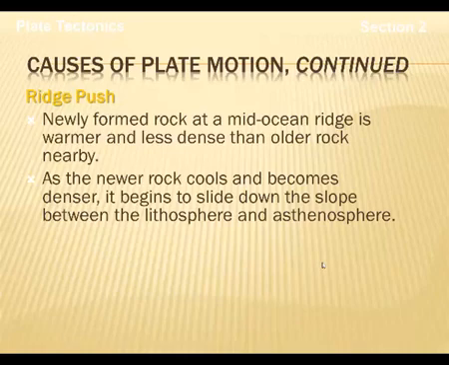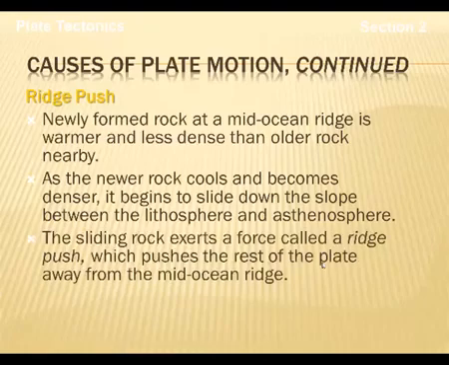And this occurs between the lithosphere and the asthenosphere. The sliding rock exerts a force called ridge push, which causes the plate that is out ahead of it, that has already been created, to continue to get pushed forward.